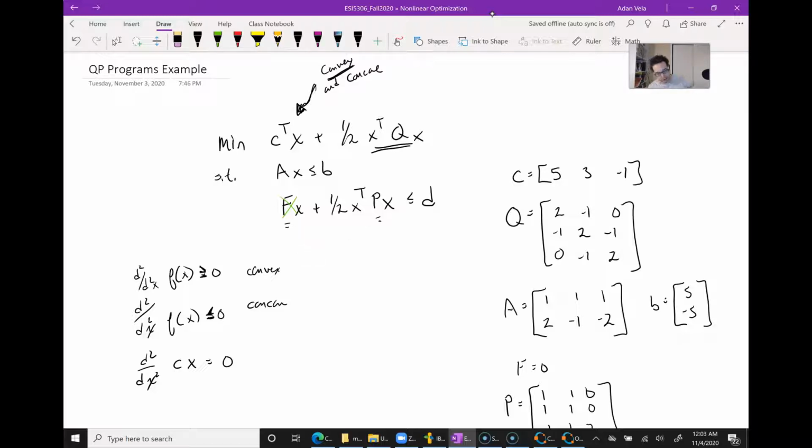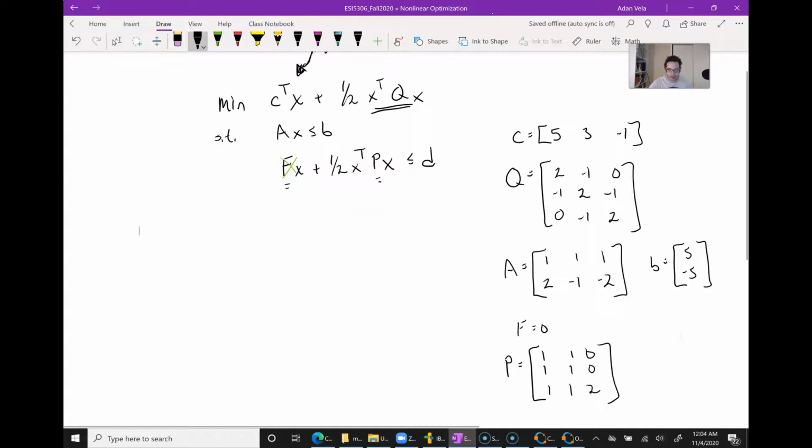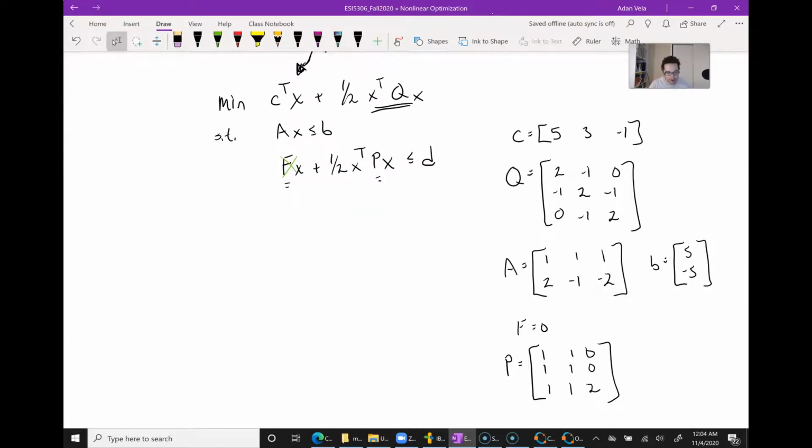These are kind of neat little properties. We're not going to go too much into them because we're mostly going to focus on the application of quadratic programming. So if we use these matrices, then we have a quadratic program that is actually solvable, because our objective function is convex and our constraints are all convex.